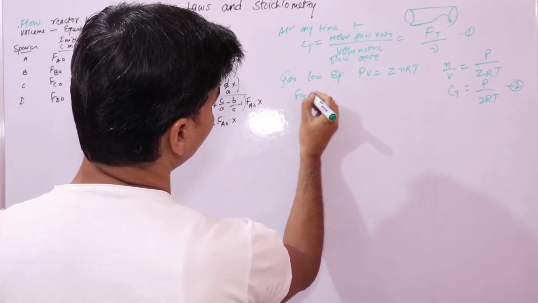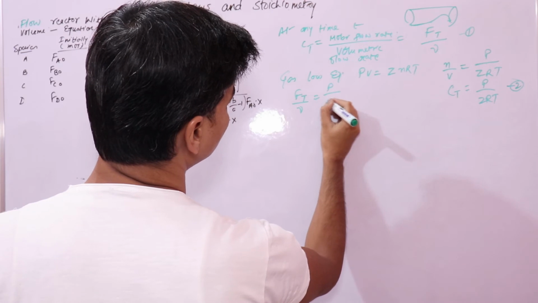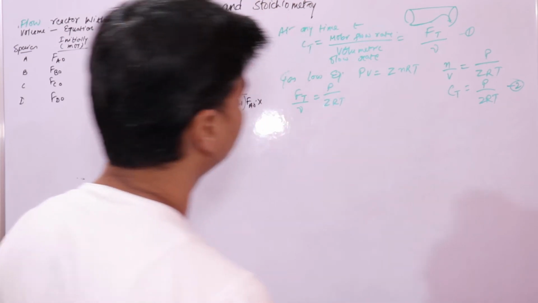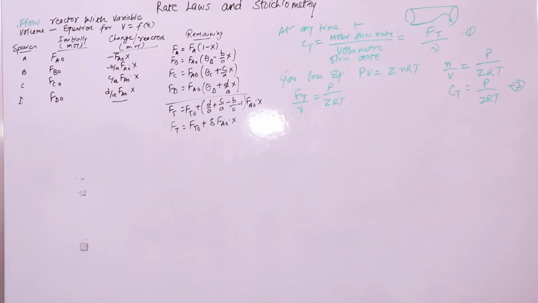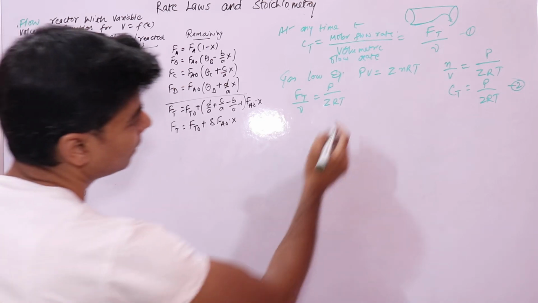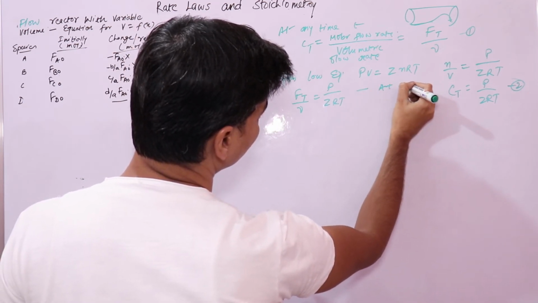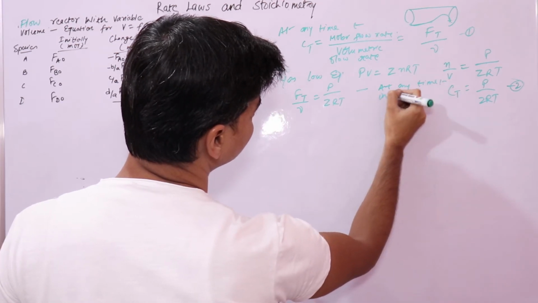You get F_t upon nu equals P upon ZRT. This equation is for any time t inside the reactor.